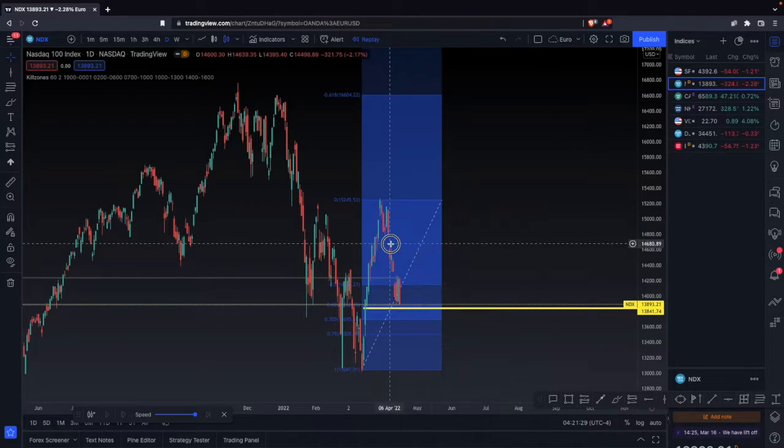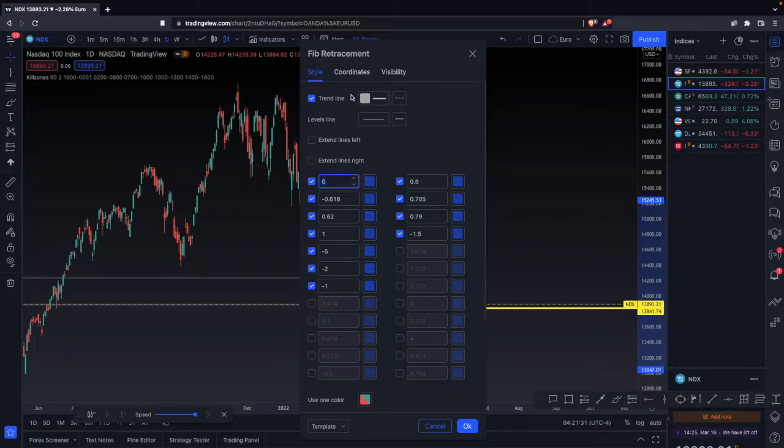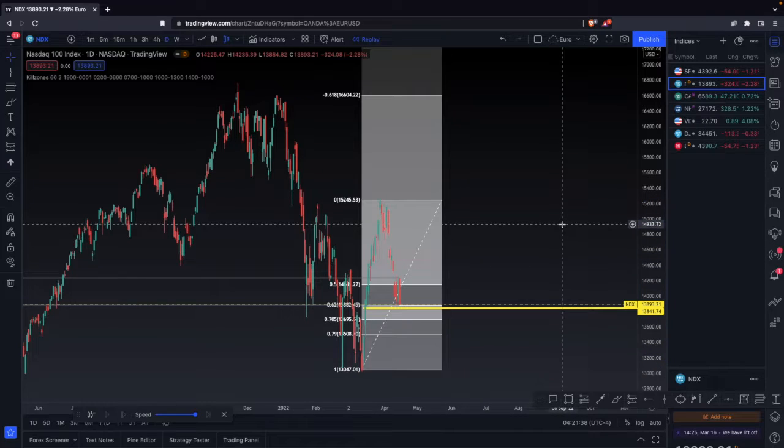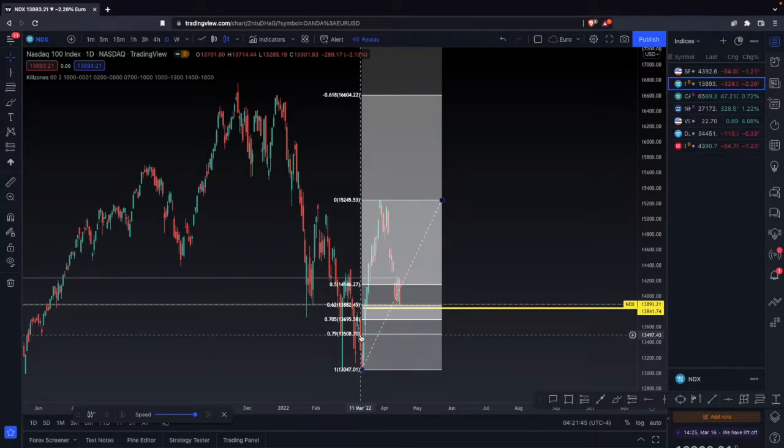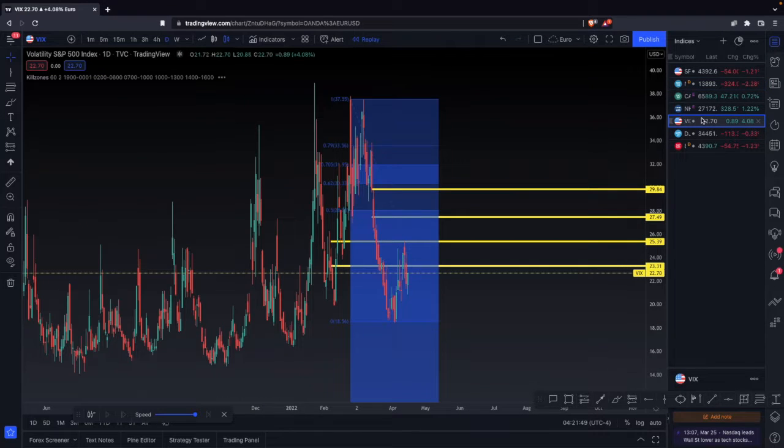Didn't I just change this color? Am I tripping? Oh, I changed the trend line color. So that is 135.08.7 on NASDAQ.